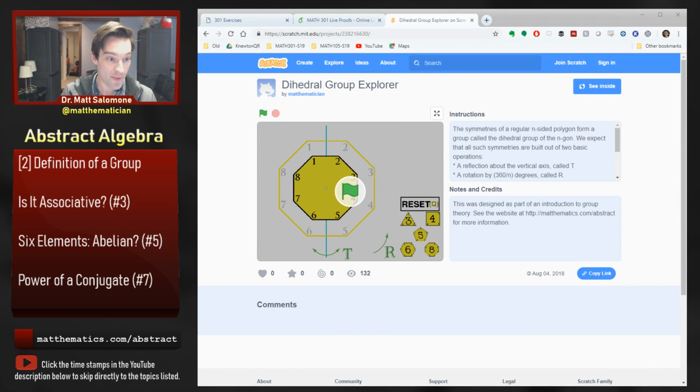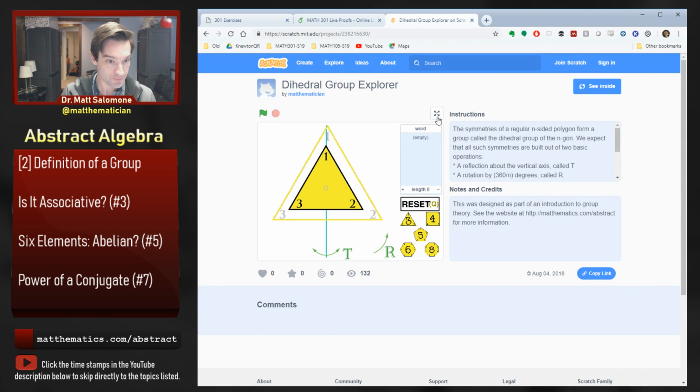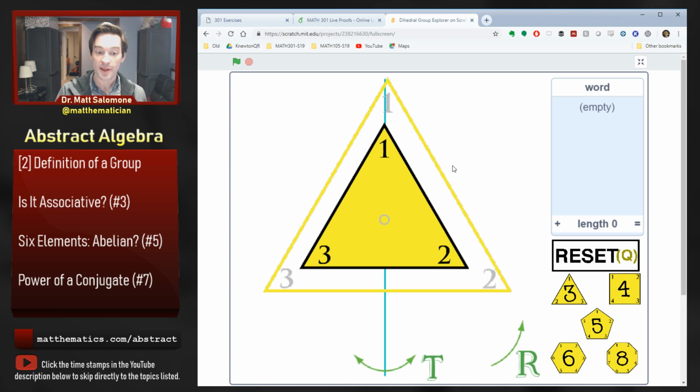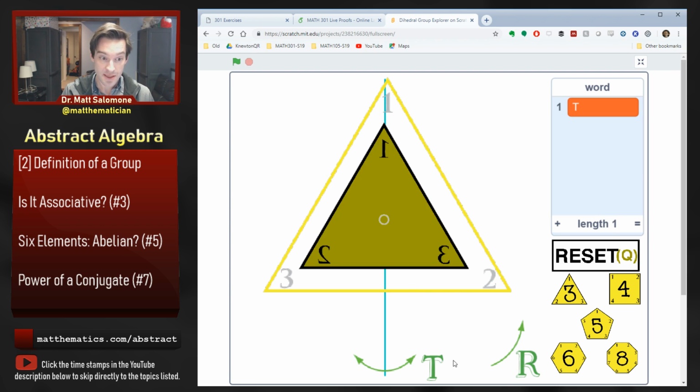So when we first met this example, we were playing around with this app, right? And all of the elements in this group are just the symmetries of this triangle. But you were able to figure out that T followed by R, for example, gives me a symmetry of this equilateral triangle that's actually different from R followed by T. Okay.